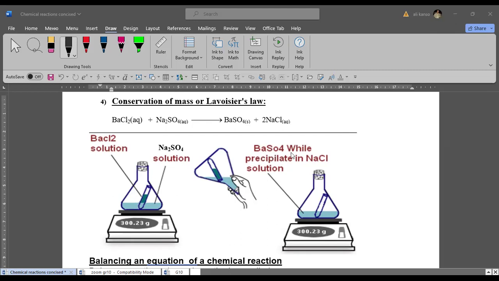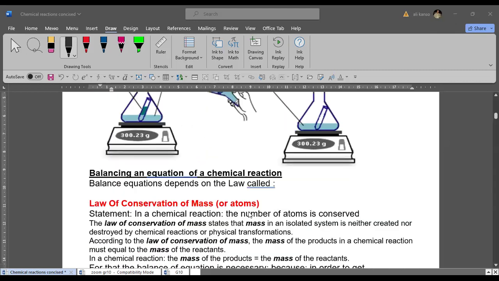We will observe that a barium sulfate precipitate is formed here. This test tube is now empty, and the substance formed is barium sulfate. If we look at the mass at the end of the reaction, we will find it is the same, 300.23. What does this mean? This means that in a chemical reaction, mass is conserved.